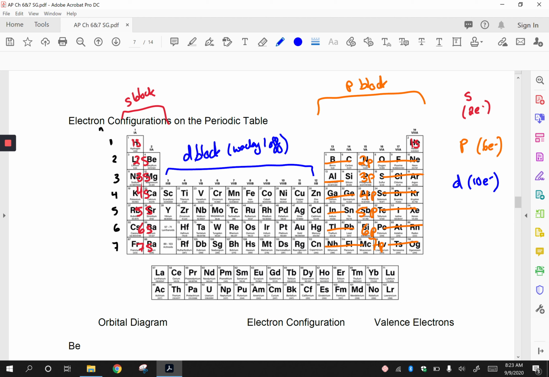It's actually one off of that, so this is actually 3D. 5th period would be 4D. It's one off from the count. This would be 5D and 6D. And this right here belongs there, so just the lanthanum is 5D and just the actinium is 6D.